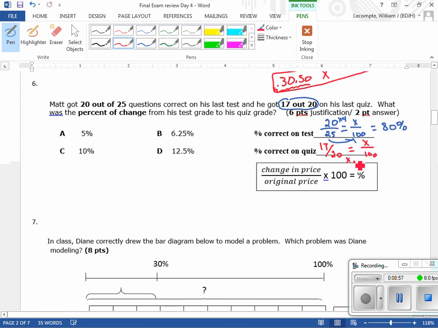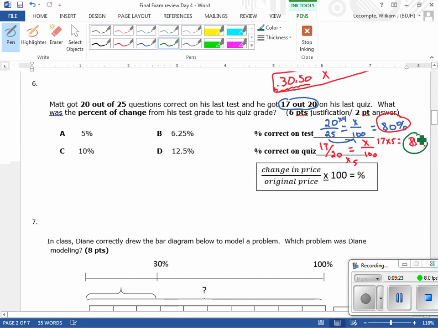So 17 times 5 is 85%. And so now I have 2 percentages that changed. It went from 80 to 85. So I really had a 5% change.